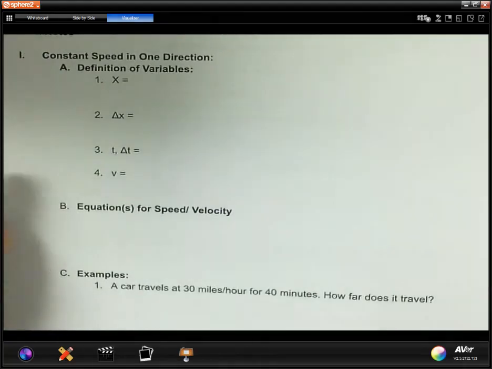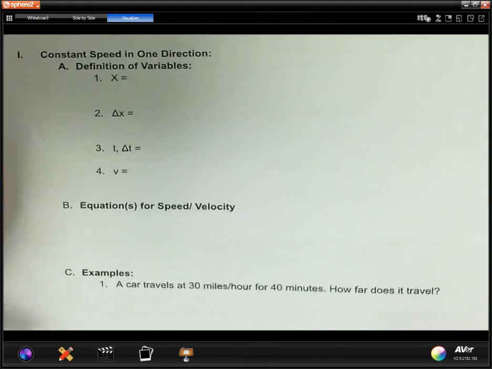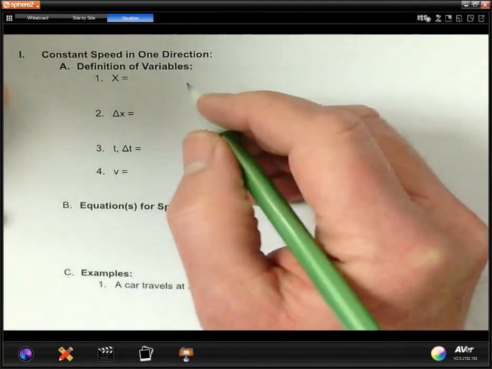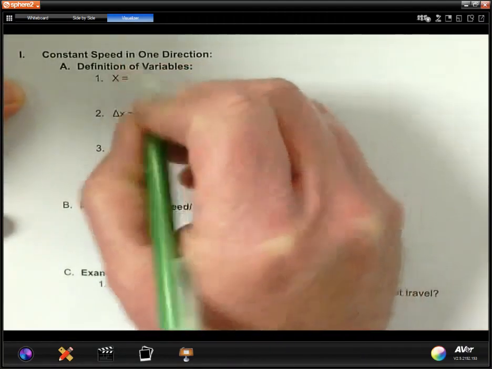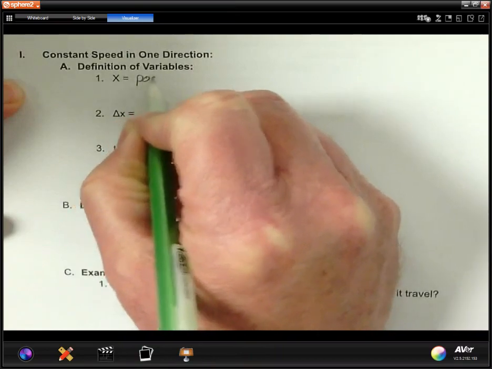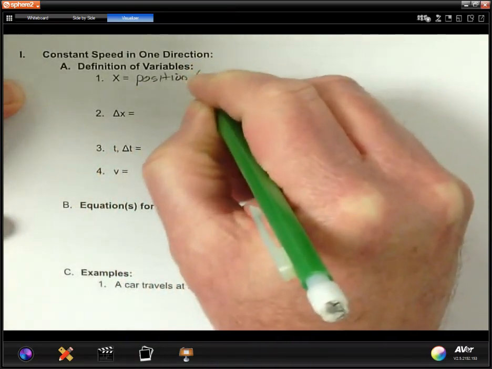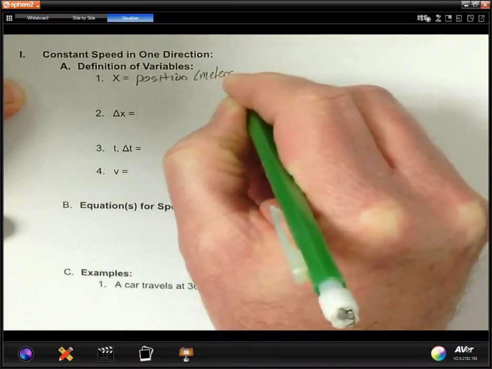All right, so we're going to start our motion unit with defining some variables. x is going to be the position, and that's going to usually be in meters, not always.